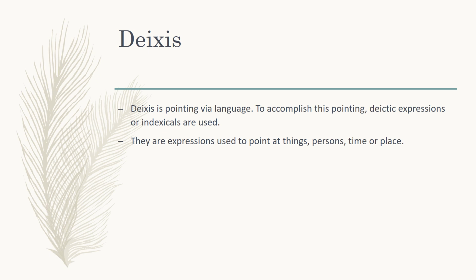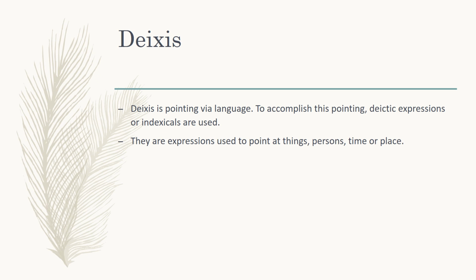I am pointing via language. So deictic expressions or deixis are expressions used to point at things, to point at persons, to point at time, to point at place.